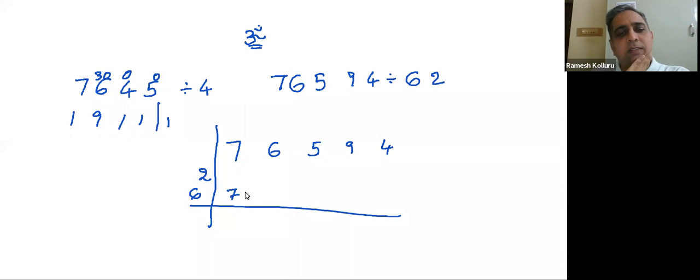So first one is 7. Dropping down 7, 7, 6 ones are 6. So 10 is passed, because when 7 is divided by 6, 1 is my quotient and 1 is my remainder.